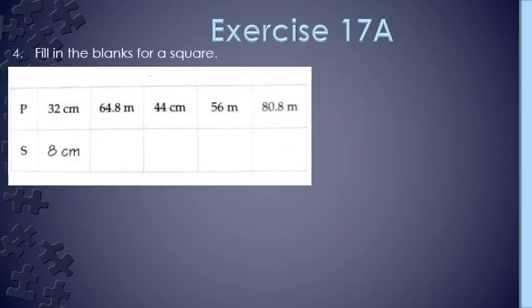Now children, let's come to the fourth question of this exercise. Here the perimeter of the square is given and you have to find out the side of the square. The first one is already done for you.